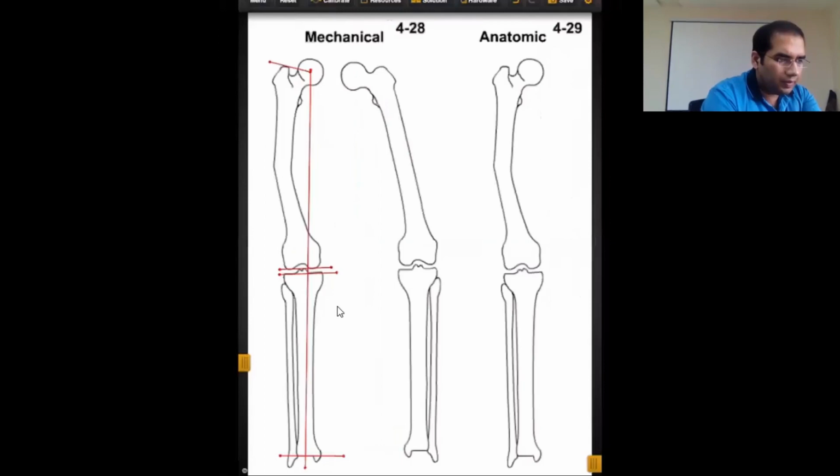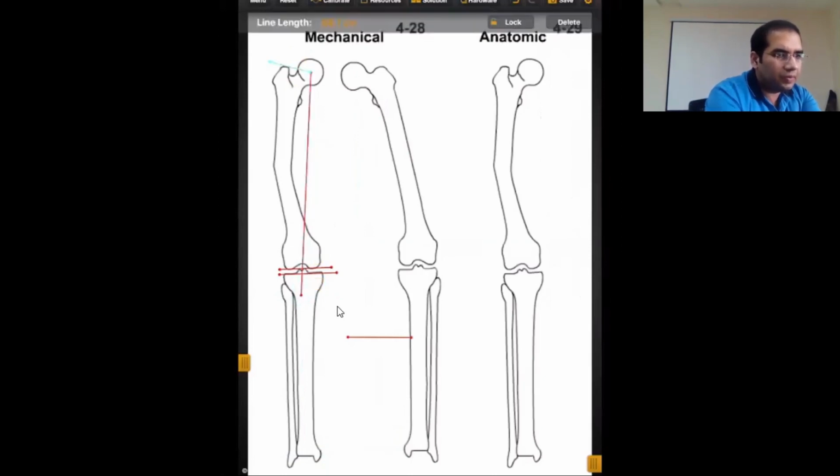Okay. Now I'm going to draw the mechanical axis of the individual bones.